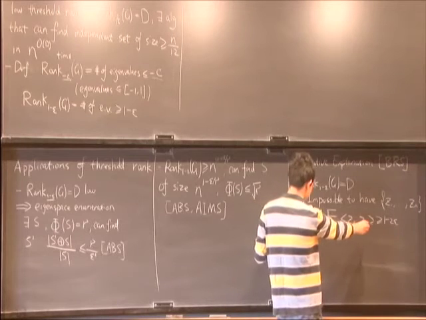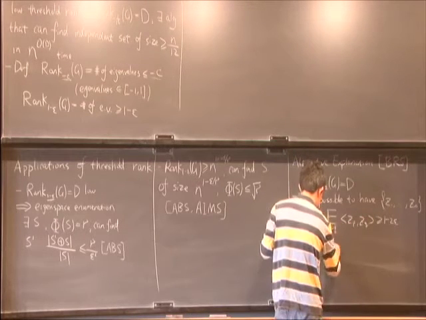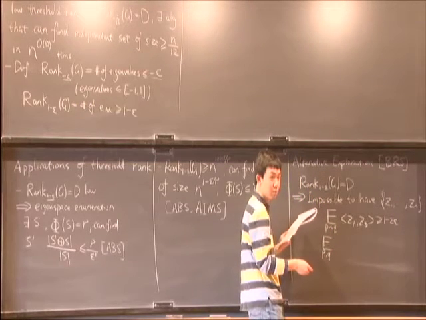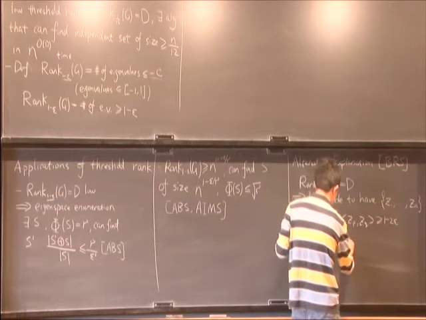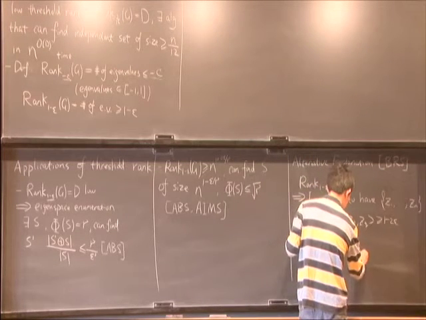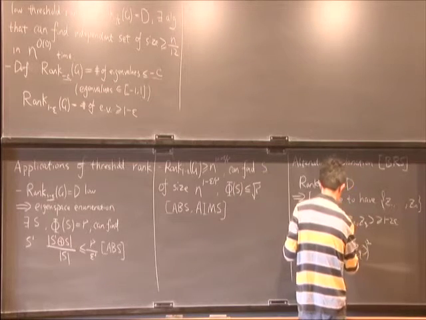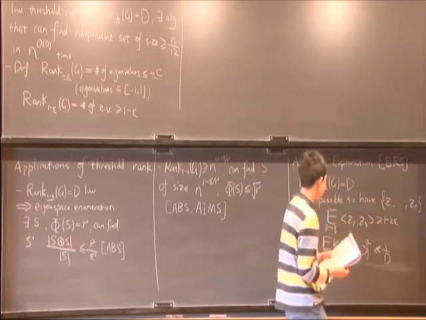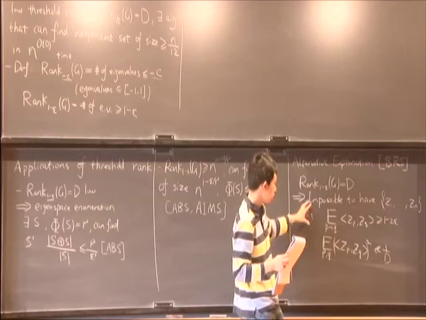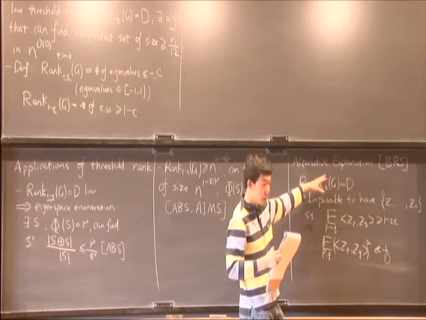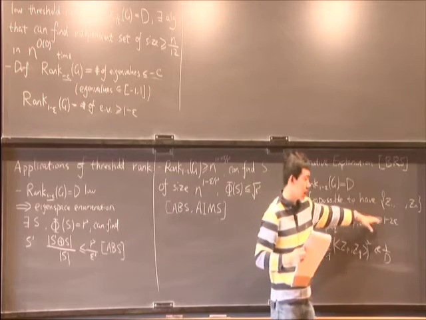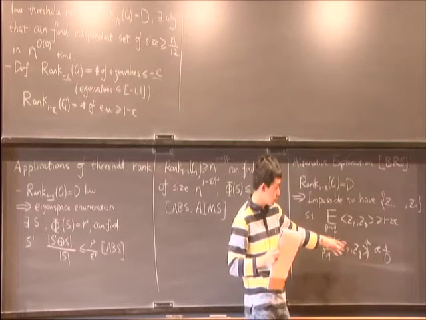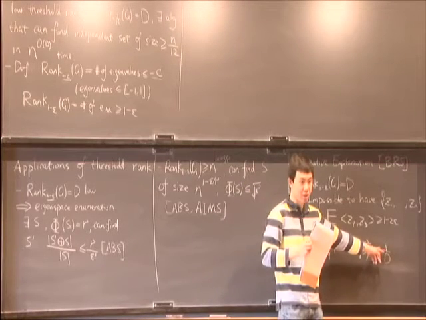Also, although this local correlation is high, the global correlation: if you pick two random vertices P and Q, then the correlation of CP and CQ, squared, is much less than 1 over D. So this is impossible, meaning if threshold rank is D and the vectors have high local correlation, then they must also have a high global correlation. Their global correlation cannot be much less than 1 over D.